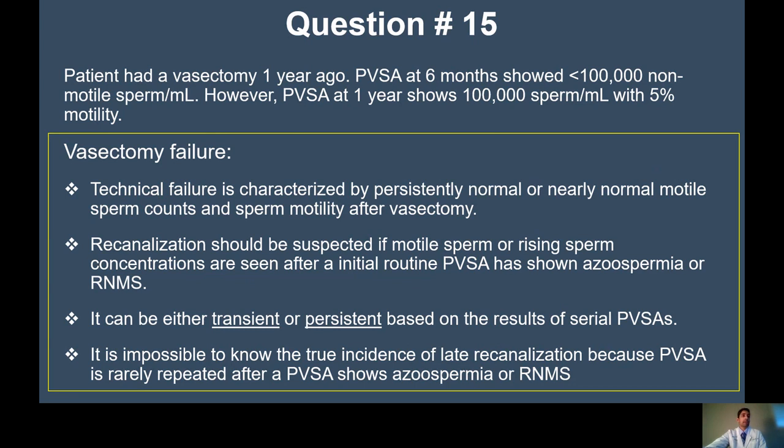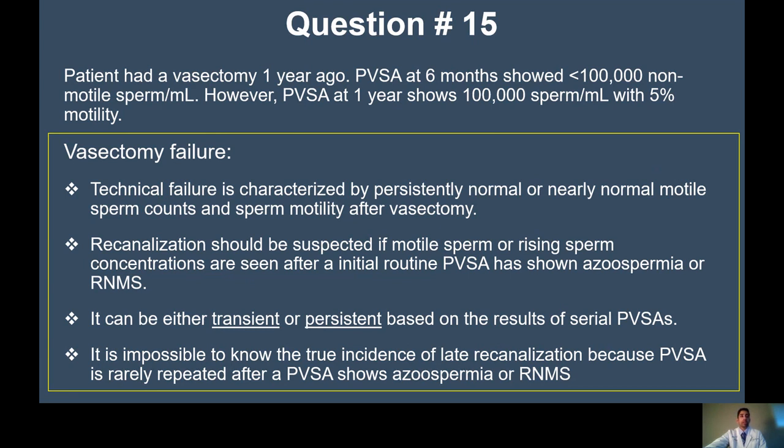Commonly, the patient had a vasectomy performed elsewhere and either never had a post-vasectomy semen analysis and failed to follow up, or did, in this situation, have a negative post-vasectomy semen analysis, however, are now presenting with a positive test or causing a pregnancy.